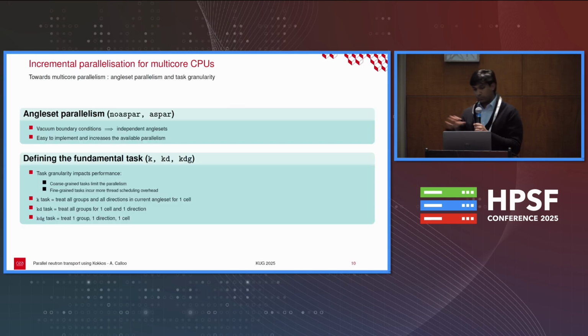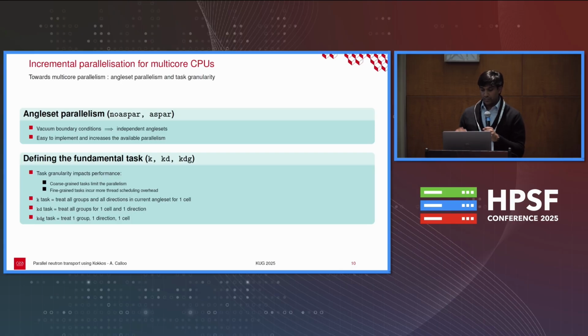Then we added more parallelism by looking at the different angle sets in all the 6 sextants of the unit circle. If we have vacuum boundary conditions, we can treat these as independent angle sets too.